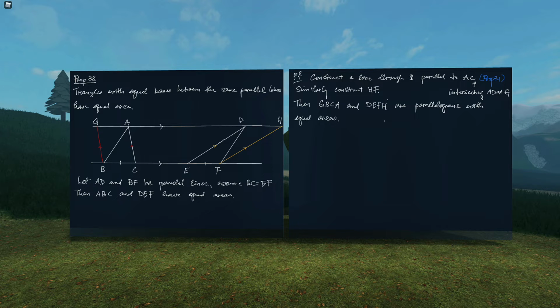Right, and we know this because of proposition 36. So the parallelograms have equal areas since they have equal bases between the same set of parallel lines. And yeah, so that's proposition 36.